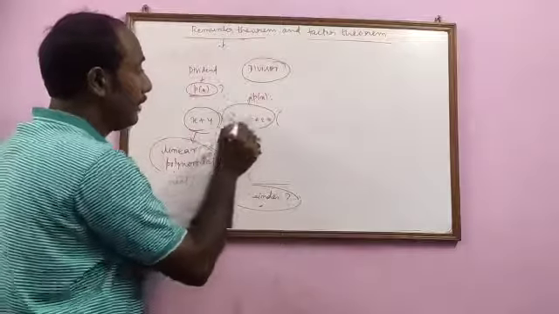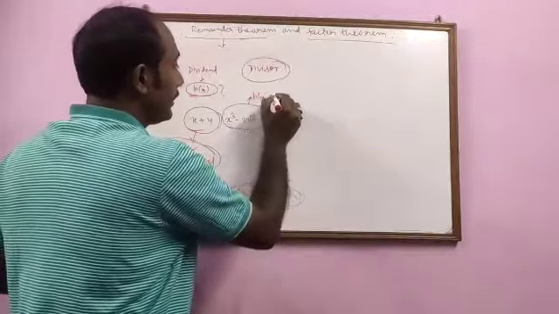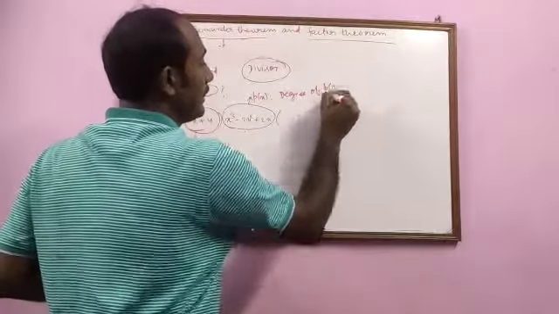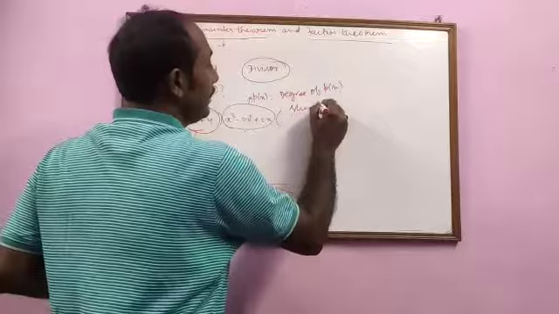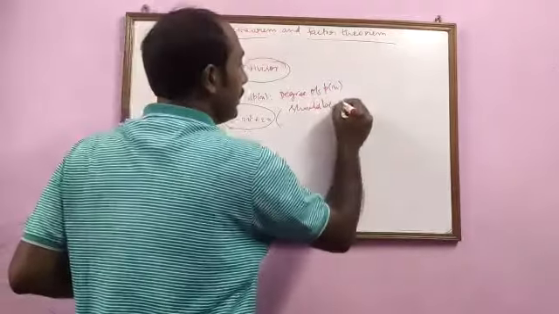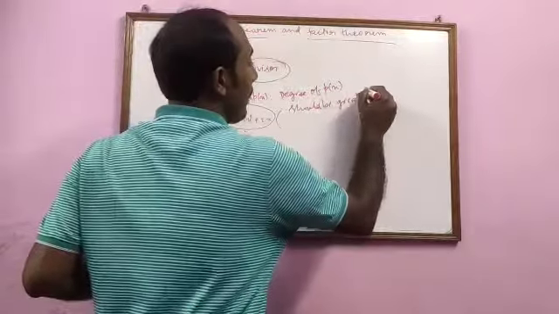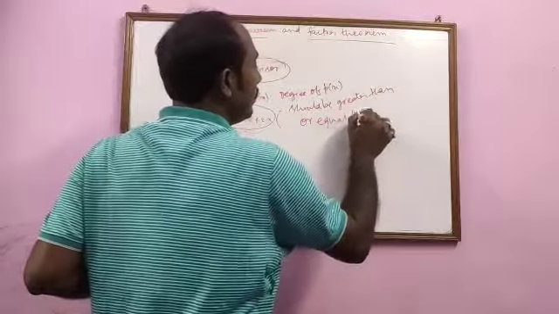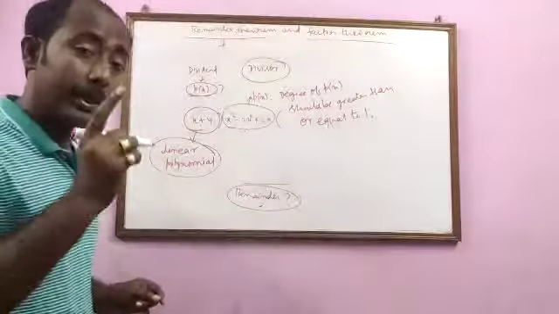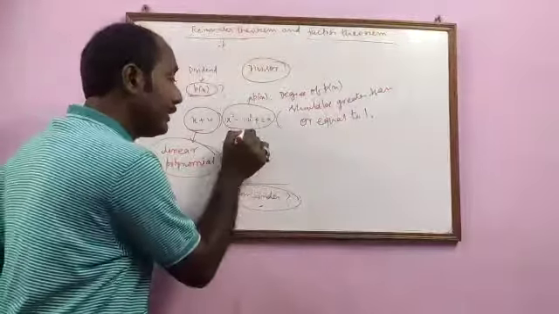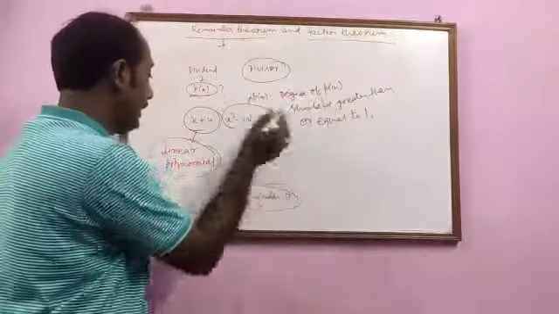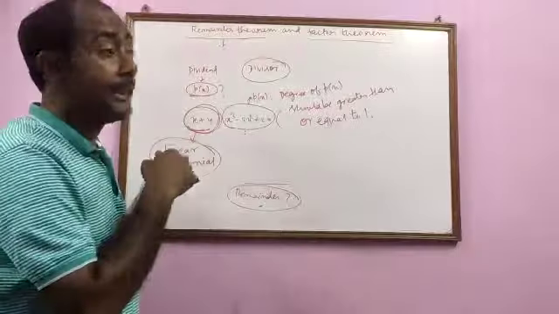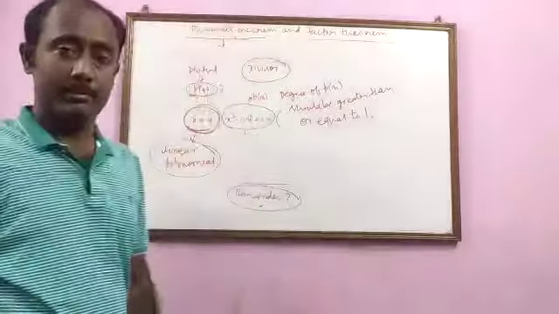The divisor should be a linear polynomial, and the degree of P(x) should be greater than or equal to 1. So if we find that the degree of this polynomial is greater than or equal to 1 and the divisor is a linear polynomial, there we can use the remainder theorem.